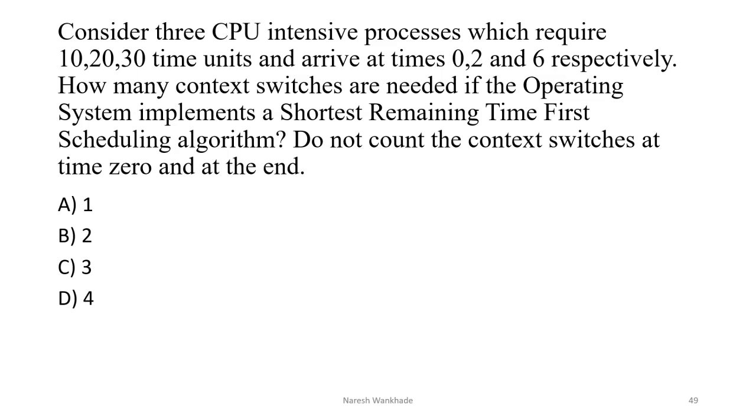How many context switches are needed if the operating system implements the shortest remaining time first scheduling algorithm? Do not count context switches at time 0 and at the end. And there are 4 options: 1, 2, 3 and 4.